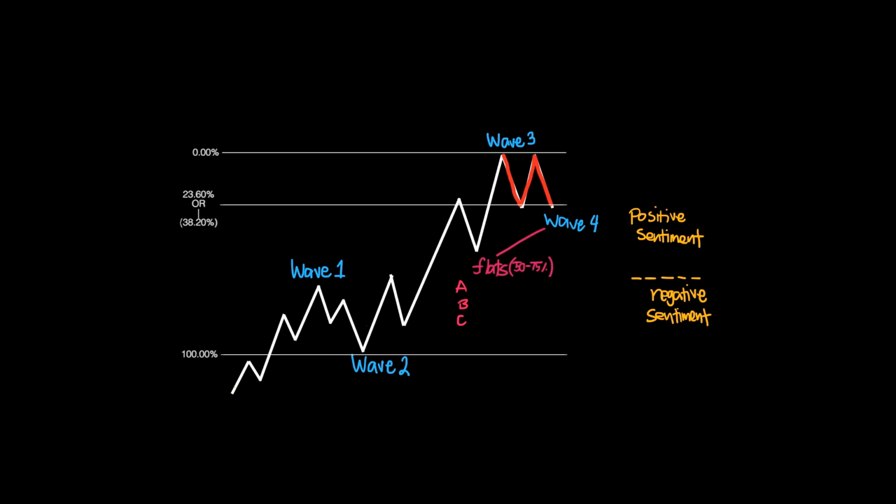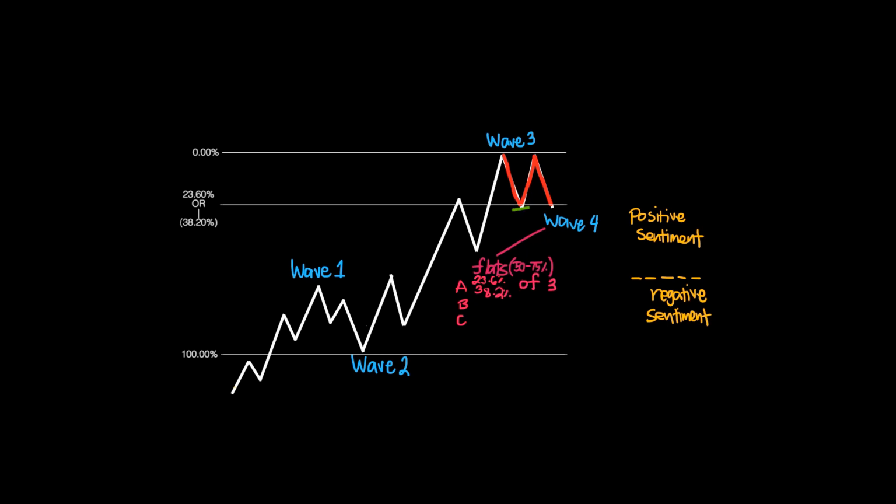To detail how a wave 4 flat looks, you usually have a first leg down, which we will label as wave A, which usually hits the 236 or the 382 fib support.